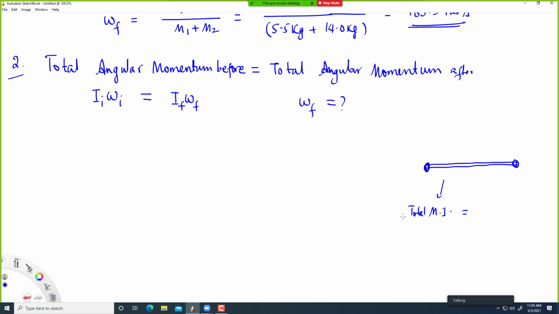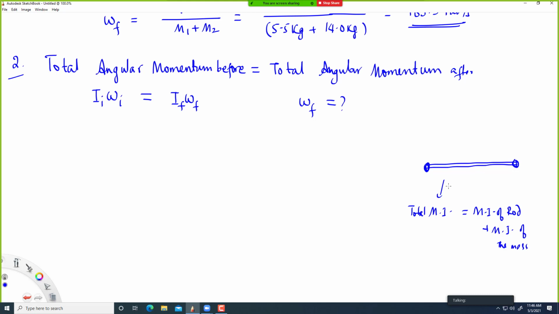The total moment of inertia is the moment of inertia of the rod plus the moment of inertia of the individual masses. So it is the moment of inertia of each individual component. Here, in case of the rotation, there is a person and there are 2 dumbbells.